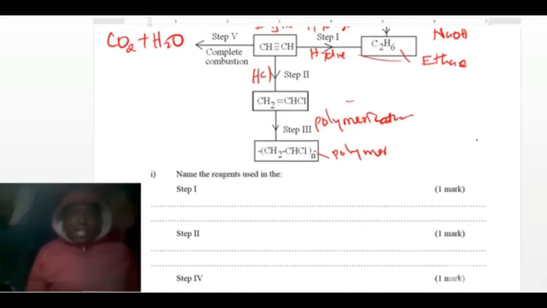Name the reagents used in step 1. Step 1, we need hydrogen. So in fact, excess hydrogen will take us to alkene and then alkyne. Step 2, which is the condition, we need hydrogen chloride.